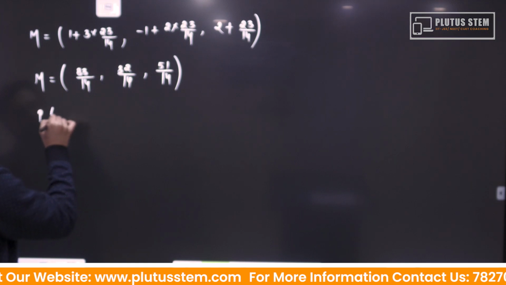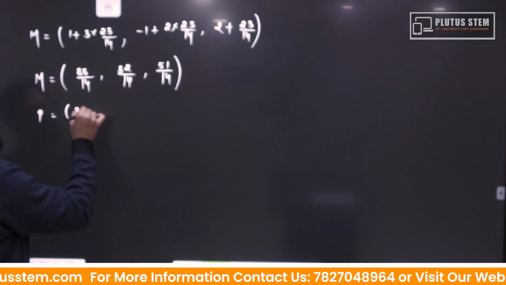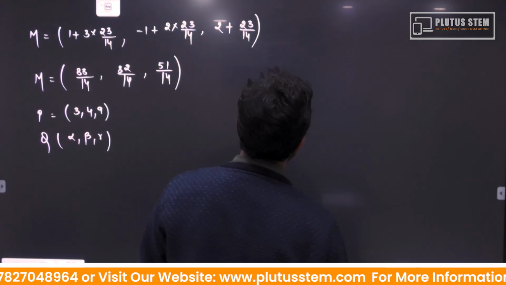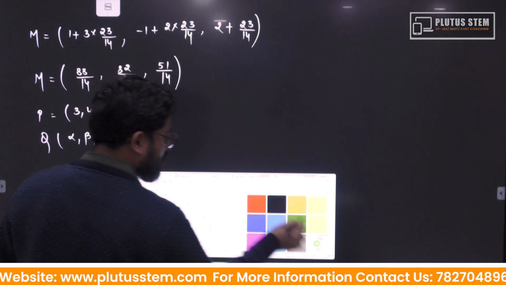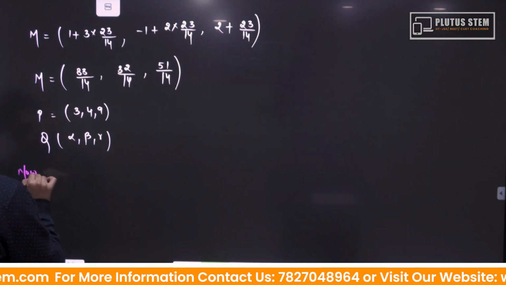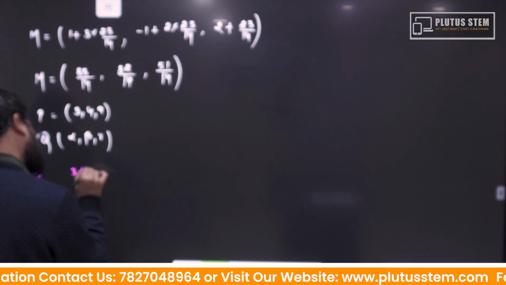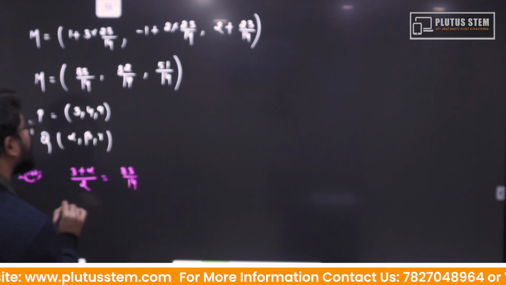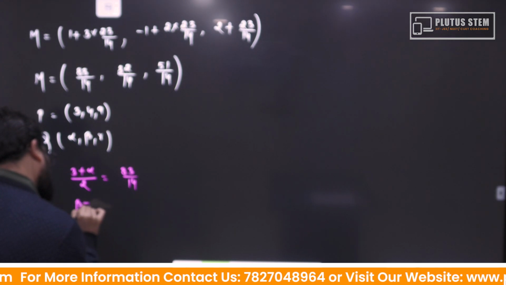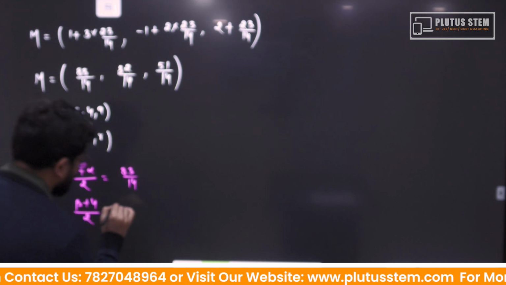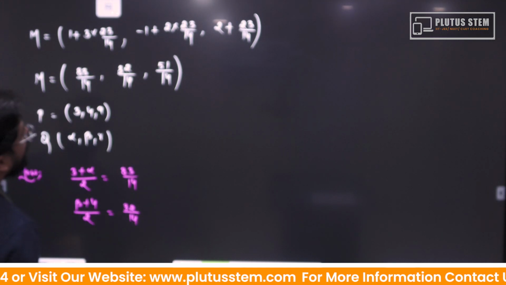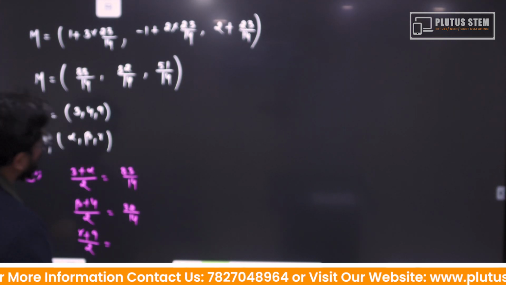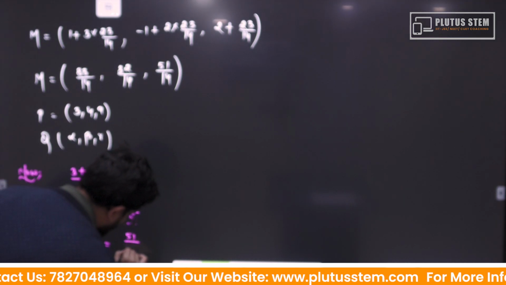P you already know, the coordinate of P is 3, 4, 9, and Q is alpha, beta, gamma. Using the second thing, that M is the midpoint of these two, 3 plus alpha by 2 is equal to 83 by 14, beta plus 4 by 2 is equal to 32 by 14, and gamma plus 9 by 2 is equal to 51 by 14.